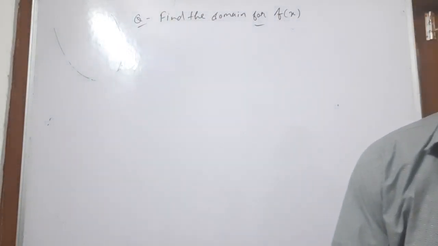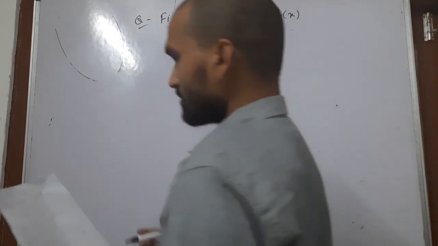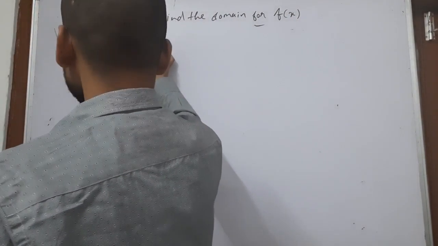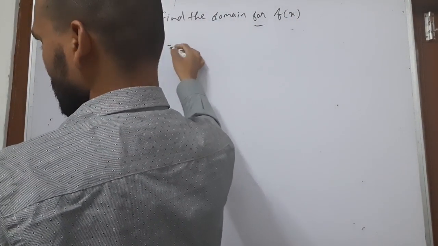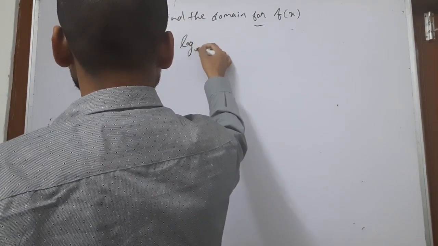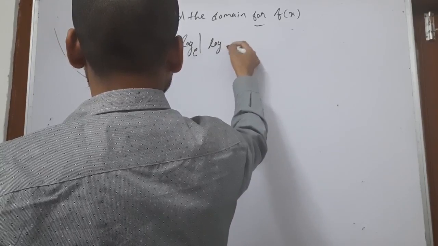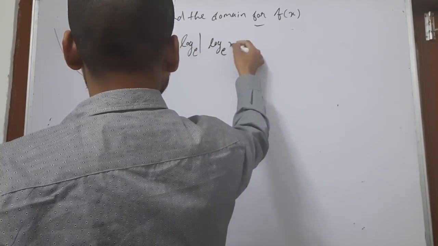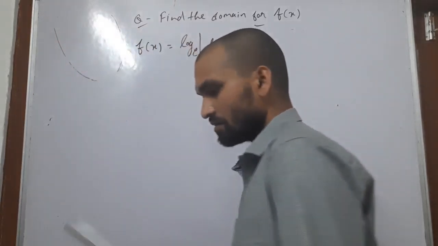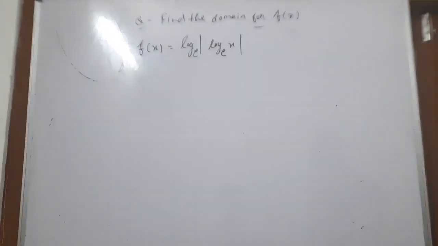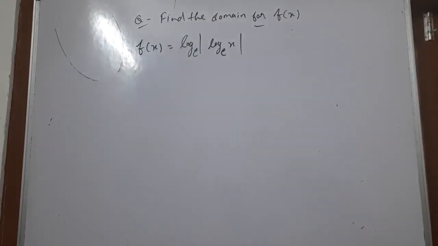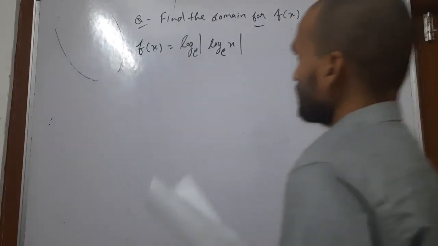Our another problem is f(x) is equal to log to the base a of mod of log x to the base e. Okay, we have to find the domain of this function.